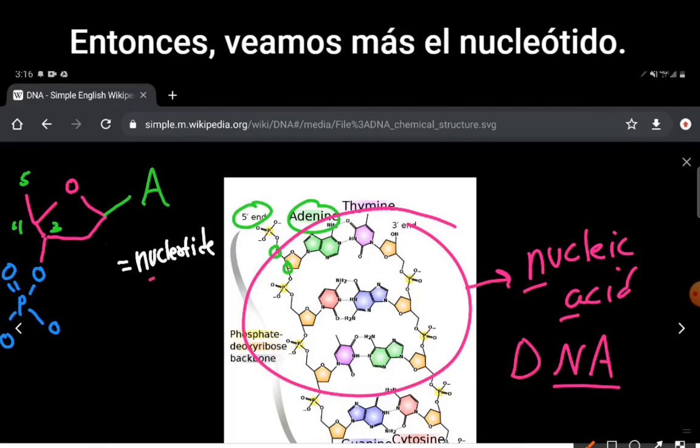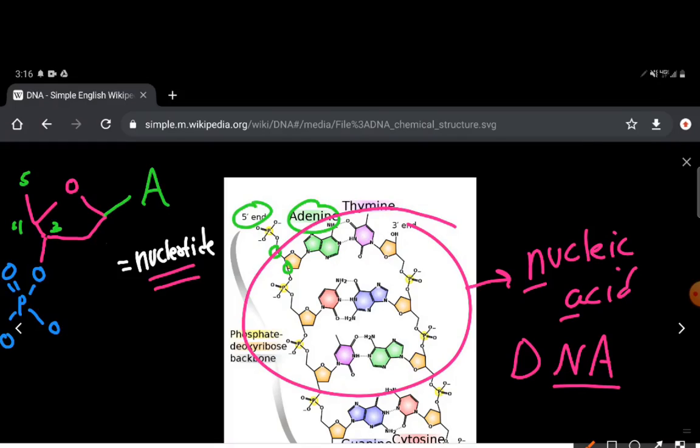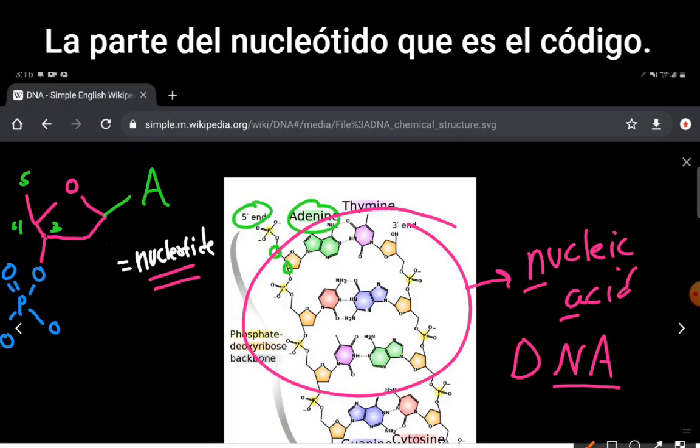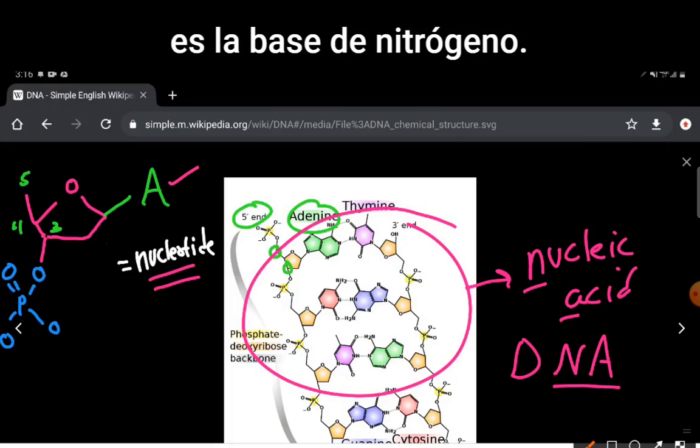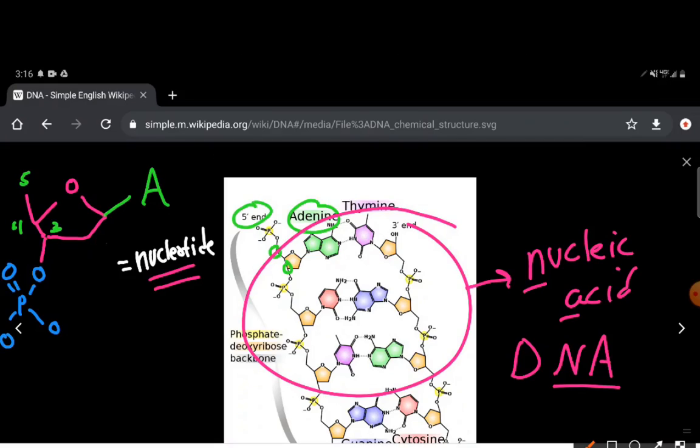And so let's look more at the nucleotide. The part of the nucleotide that is the code is the nitrogen base.